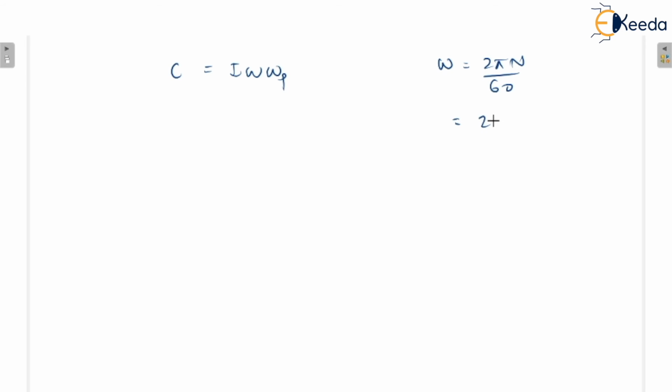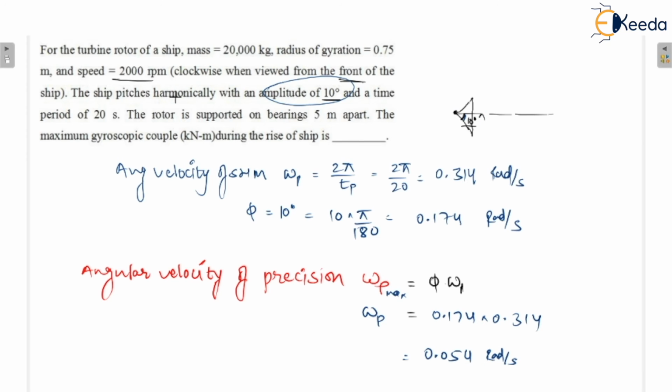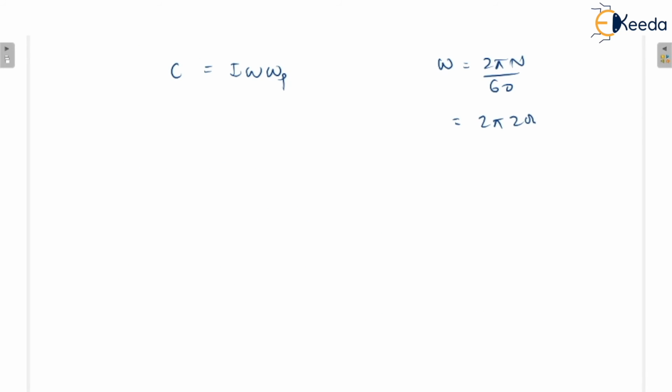So that is 2 pi, and what is the speed in rpm? That is 2000, upon 60. From here you will get the value of omega, and it would come out to be 209.43 radian per second. This is the speed in radian per second.